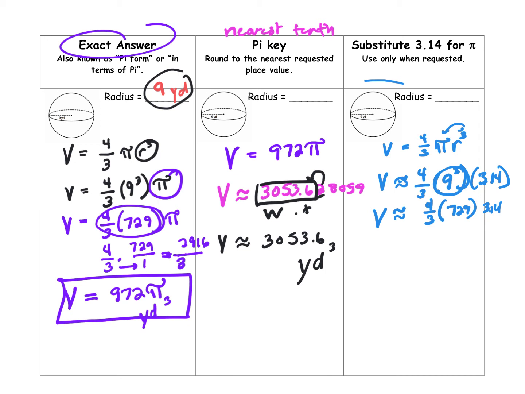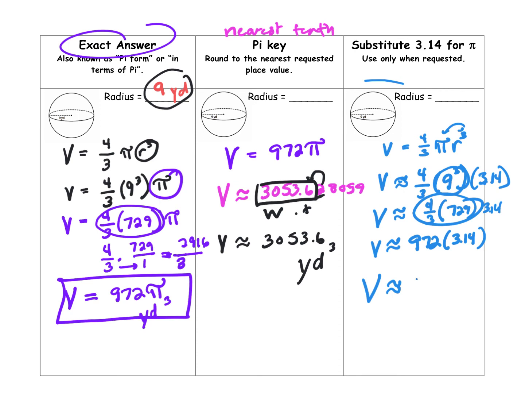So if we do this, then when we multiply this, we're still getting exactly the same answer we did when we used the exact answer and the pi key, we're going to get 972, but instead of the pi key or pi symbol, we're now going to multiply that by 3.14. So would you go ahead and multiply 972 by 3.14 and check back for the answer?